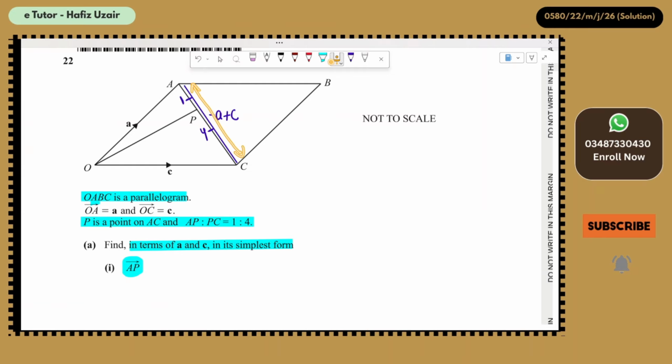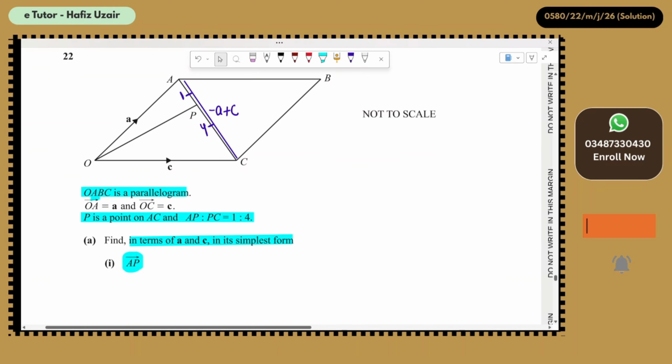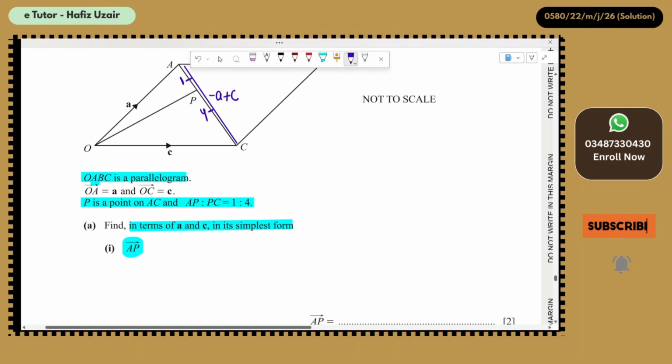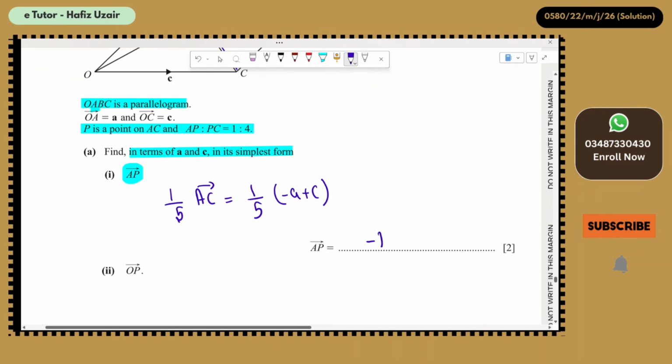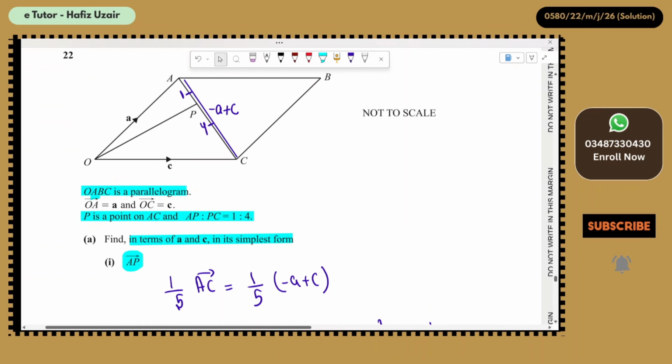AC is divided into 5 parts. So AP will be equal to 1 over 5 into AC, and AC is minus A plus C. If you solve this you will get minus 1 over 5A plus 1 over 5C.